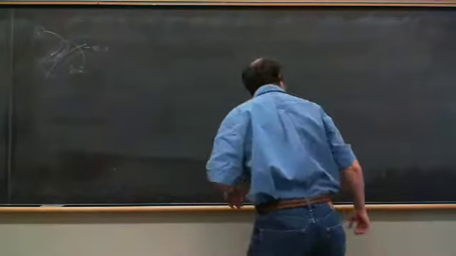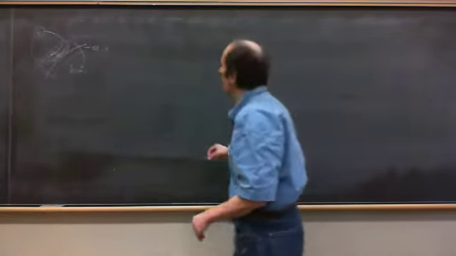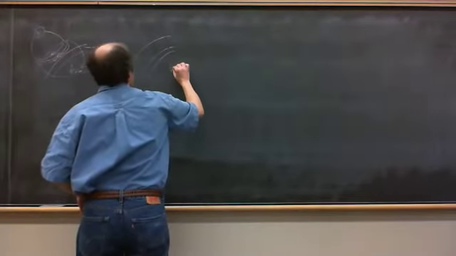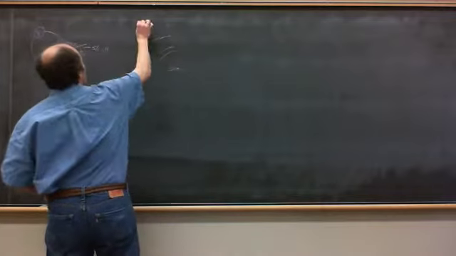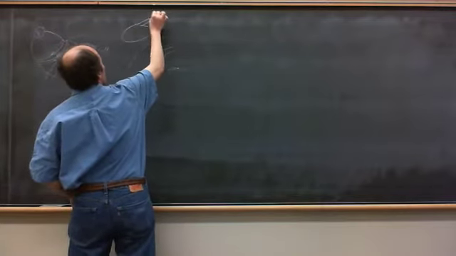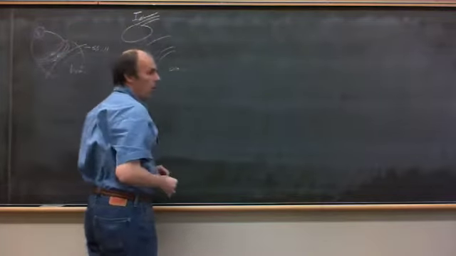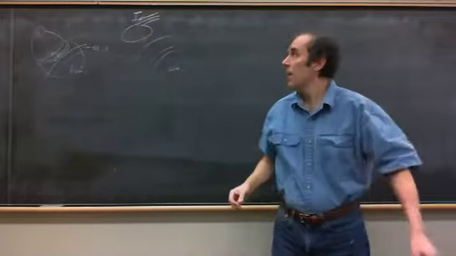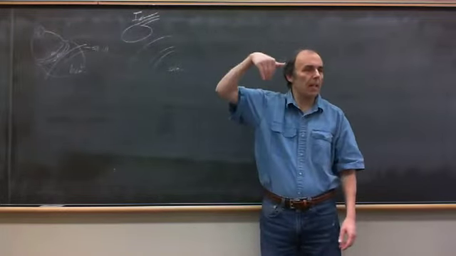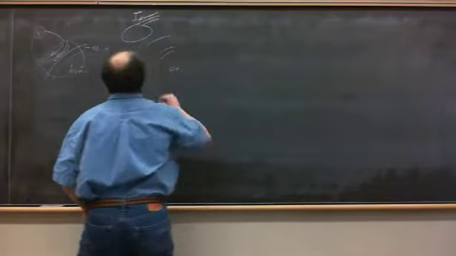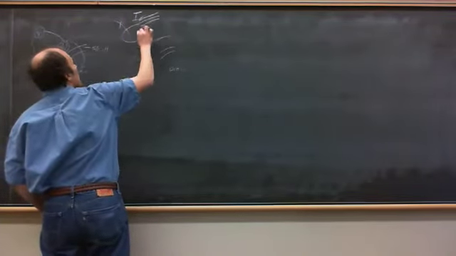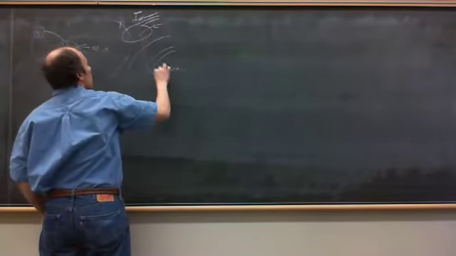So what transcranial magnetic stimulation is: here's your scalp, skull, brain. You take a coil and you pass a current pulse through it. The coil produces a magnetic field, which looks something like this.